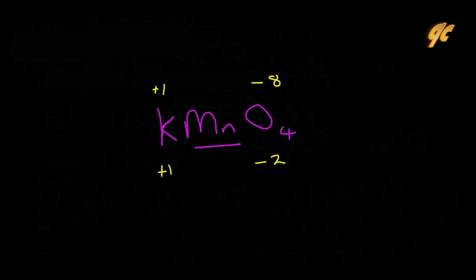For potassium permanganate, there is no charge on the overall molecule. Therefore, we have to balance this to 0. In order to work this out to 0, for the manganese ion, -8 and +1 comes to -7. Therefore, the manganese must be a +7 oxidation state. As there is only one of them, manganese overall is +7.